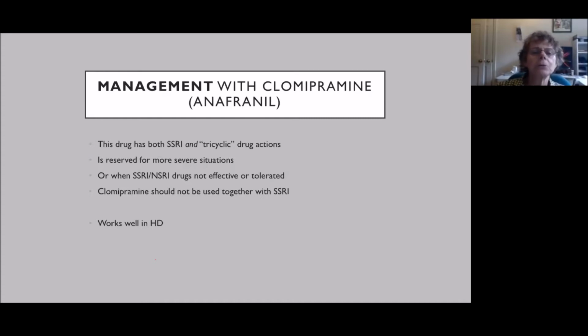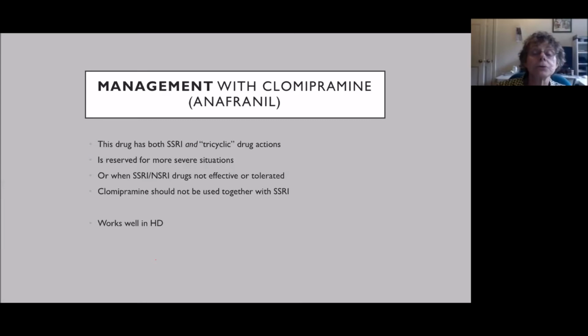They can be used in Huntington's as well. They have more side effects, so they are used less frequently than the SSRIs. And so they tend to be reserved for more severe situations or when these other drugs aren't effective or aren't tolerated. There are side effects that these drugs have.